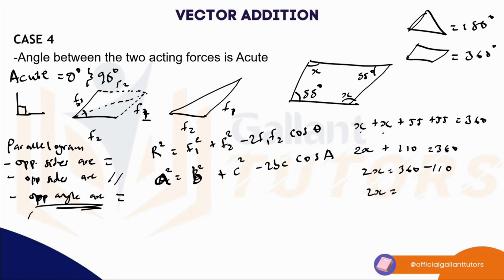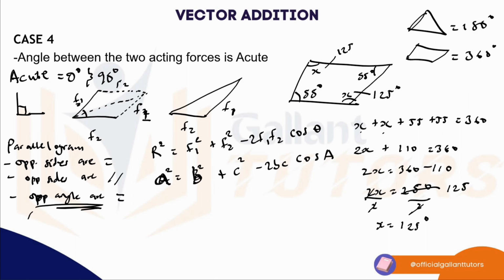Mathematics students, what does that give you? 250, divided by 2 gives 125. So x is equal to 125 degrees. So here will also be 125 degrees, and here also was 125 degrees. Is that clear? Is that really clear?